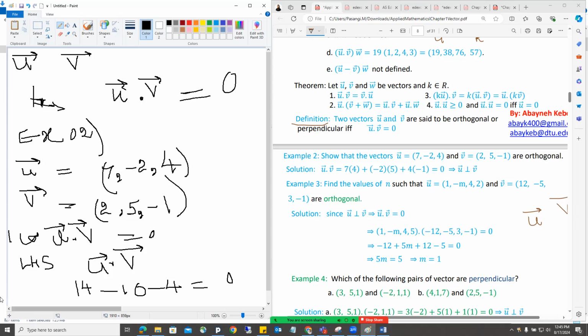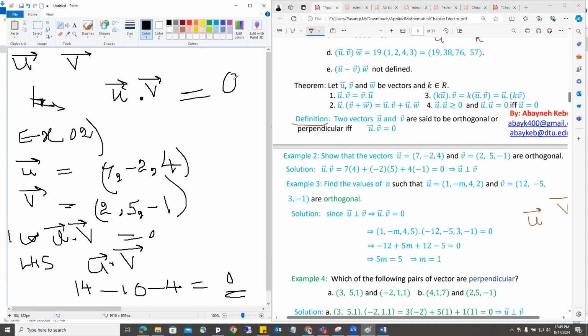What is the value we have? The value is 0. That means this dot product is equal to 0, which means these two vectors are orthogonal or perpendicular to each other.